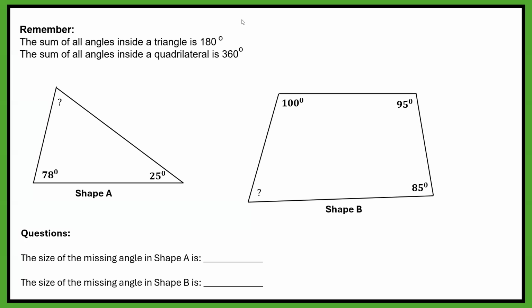Perfect, Scarlett. That is the correct answer for shape A. Perfect, Gosima. Perfect, Jordan.